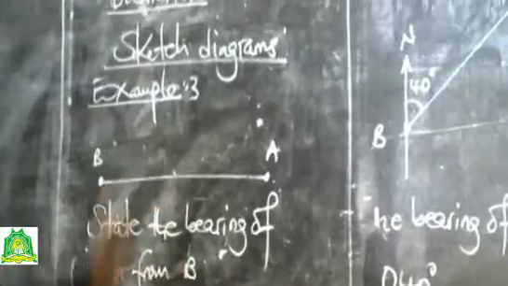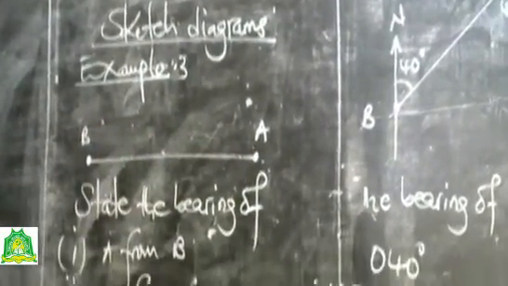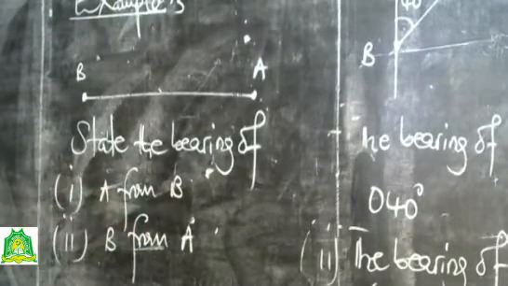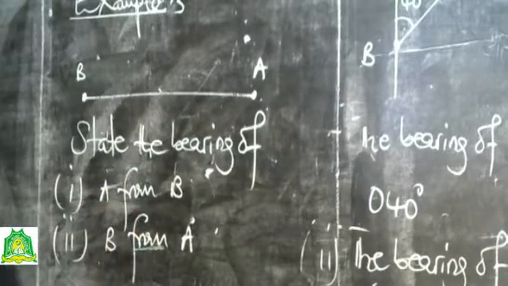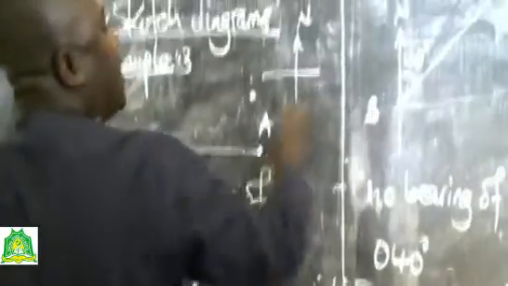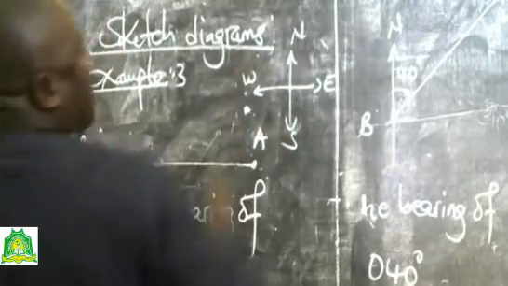Now, for these ones, we can even use the points of the compass to show which the bearing of B from A and A from B. How do we go about this? We are going to have the cardinal approach first. I said the cardinal approach concerns points on the compass, that is north, east, south, west.